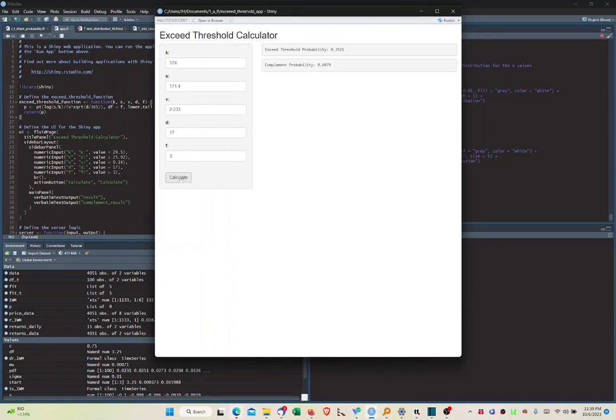Now, if we calculate, we get the chance of the stock being above the put at 174.